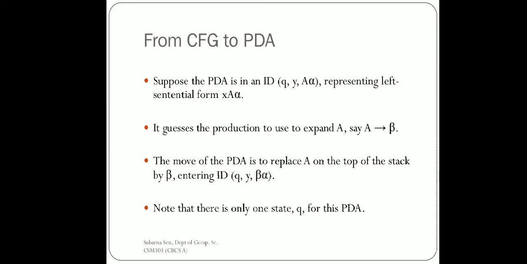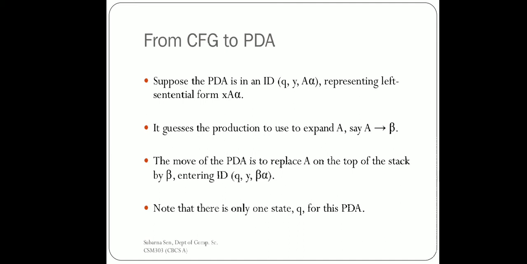We have already learned in previous lectures what an ID is, that is, the instantaneous description of a PDA: q is our state, y is the remaining input, and A alpha is the stack contents which we need to process.